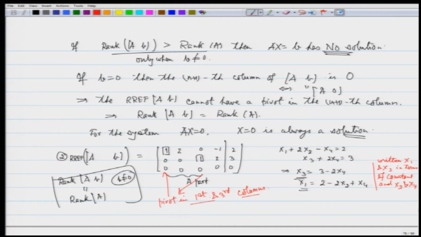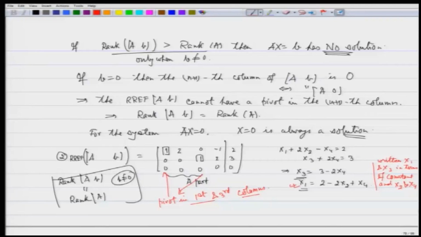What we know is that every column corresponds to a variable. So pivot 1 corresponds to the first variable x1. The second pivot in the 3rd column corresponds to the variable x3. So what we are doing is writing the variables corresponding to the pivots in terms of non-pivots. There is a notion here of what are called basic variables and what are called free variables.